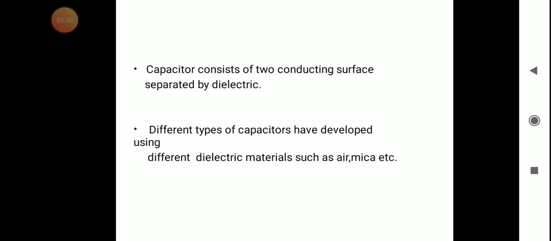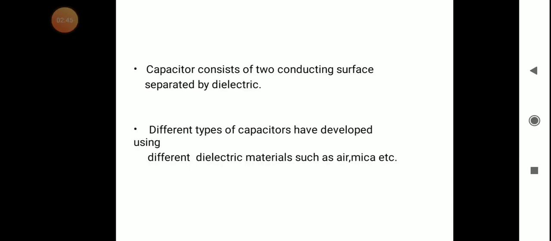In between we have the dielectric material, which separates these two plates. Dielectric material means it is an insulating material.